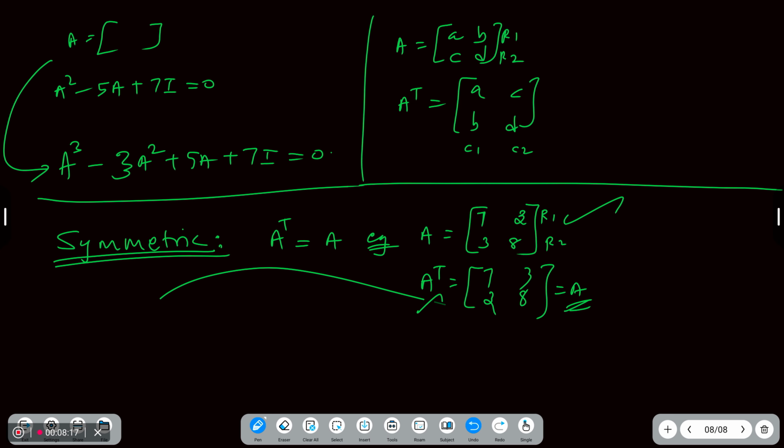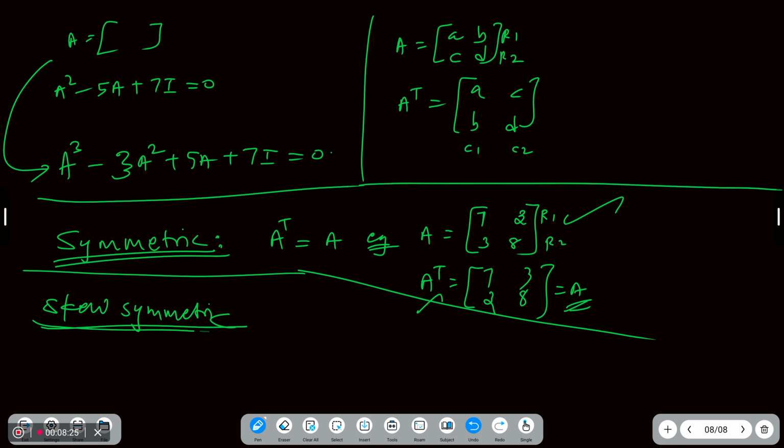Now skew symmetric. Skew symmetric, when you apply transpose, you will get minus A. Example: A is equal to 7, 3, minus 3, 8.